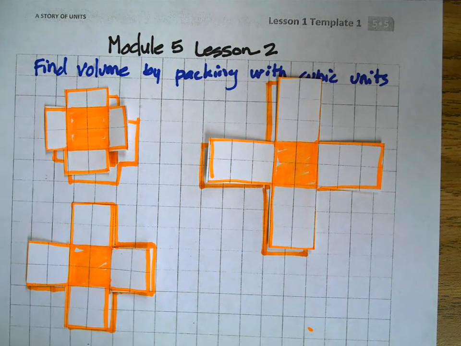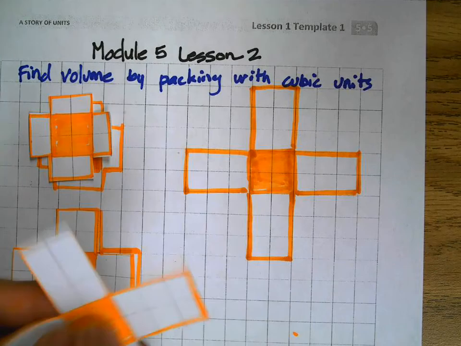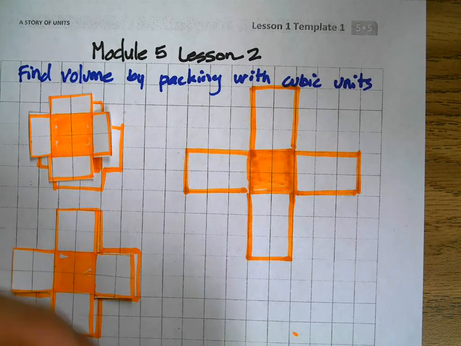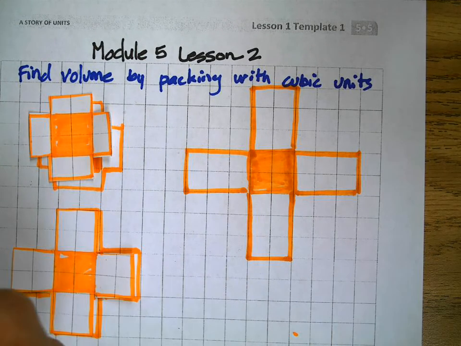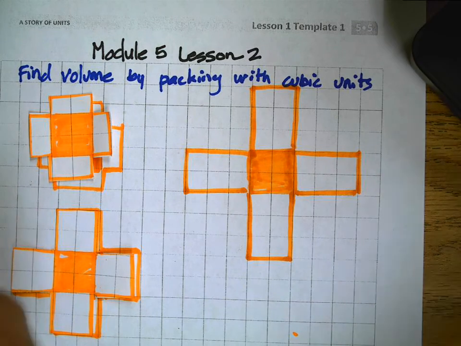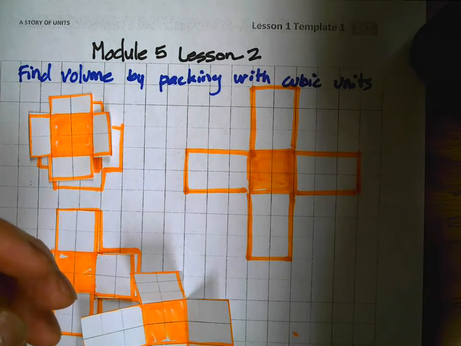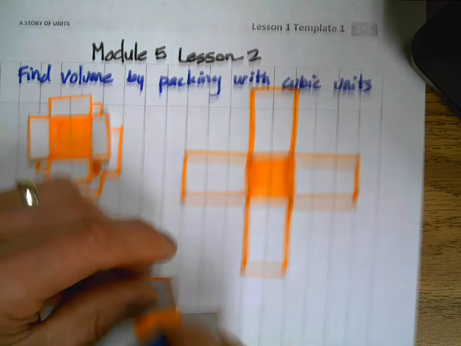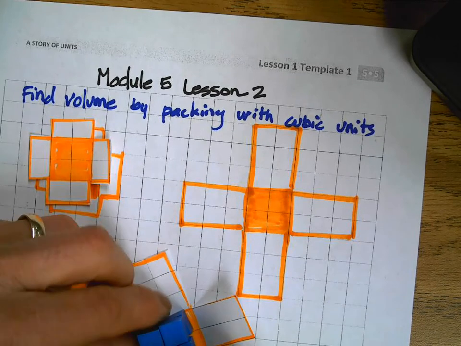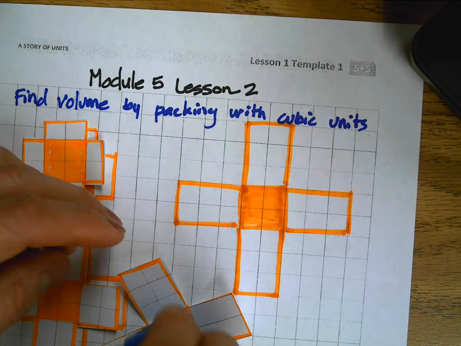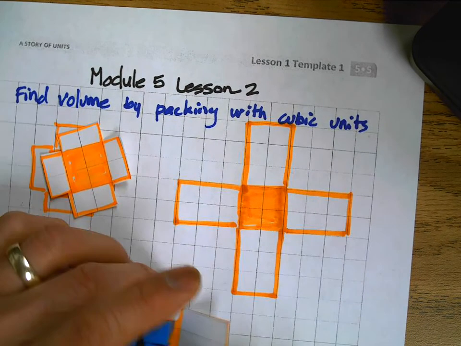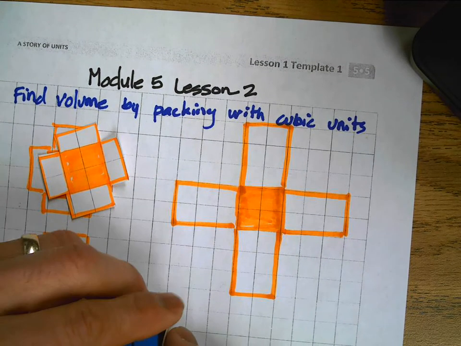So the goal is to cut them out, and possibly, if we have enough tape, you don't actually necessarily need to tape it. So this should be able to have a box that holds those many cubic units.